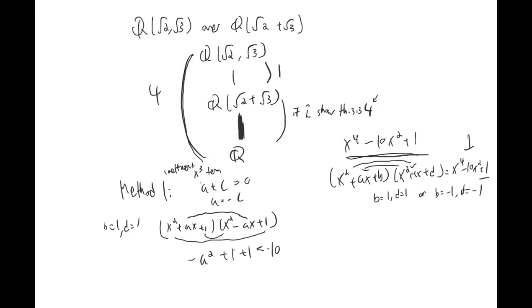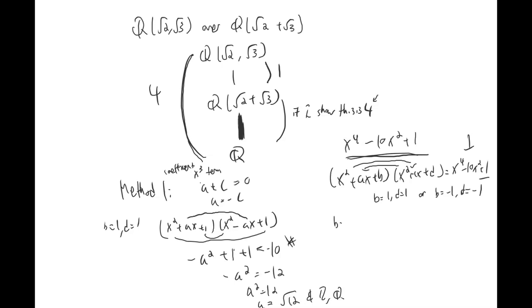So negative a squared is -12, a squared is 12, and a is square root of 12. This is not in Z, and it's not even in Q, so this is a contradiction.